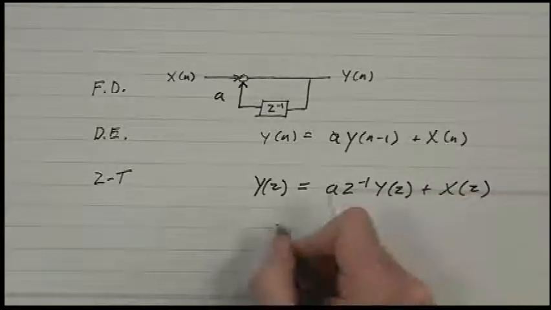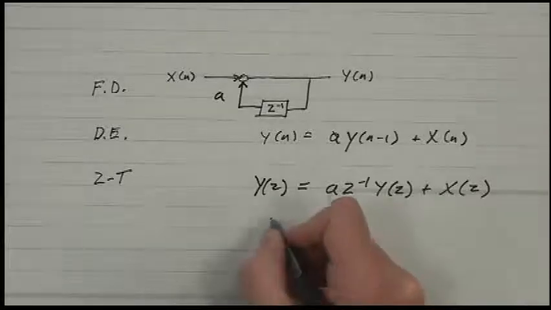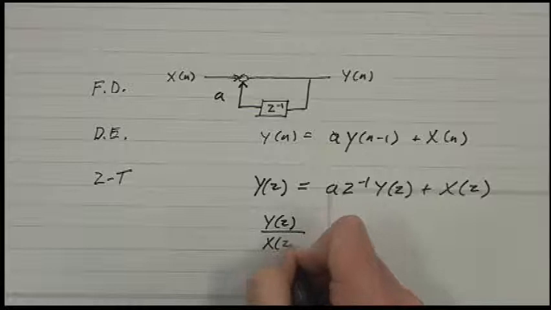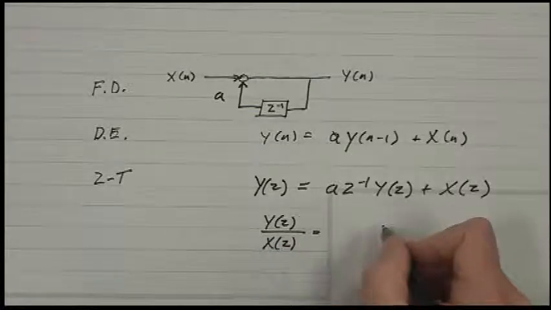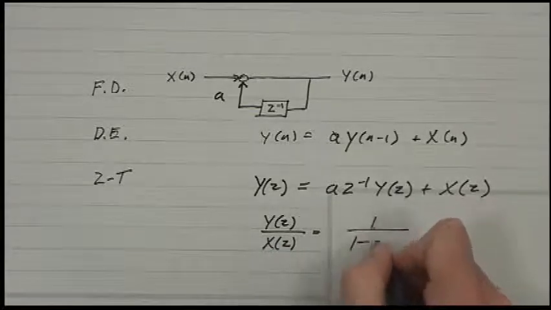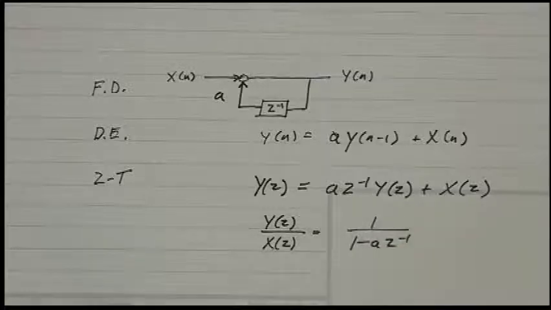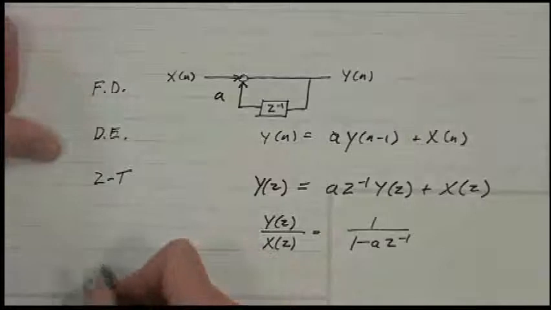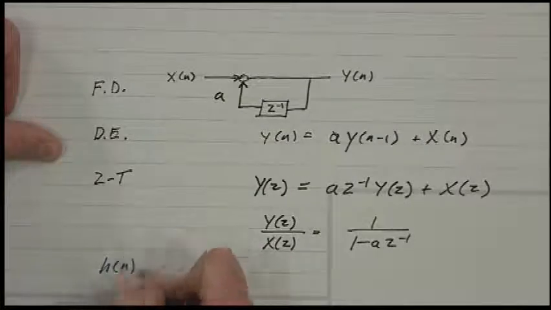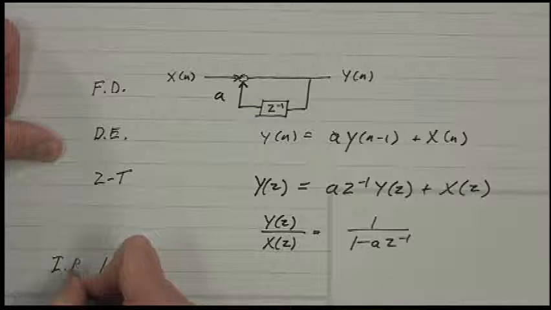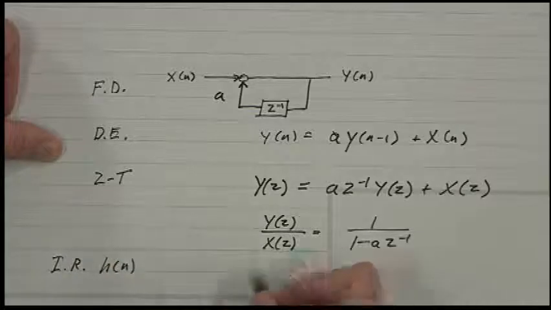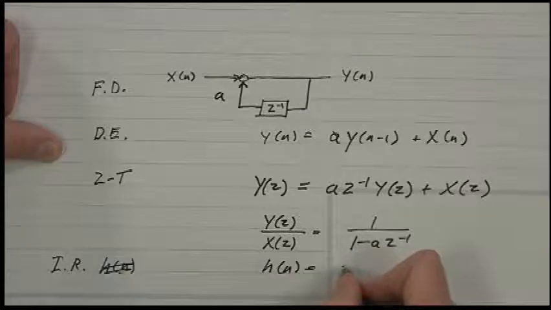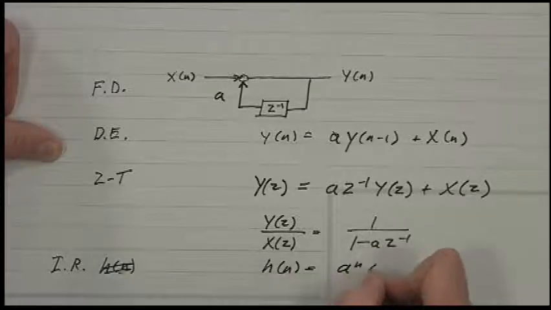So this whole thing becomes y of z over x of z equals 1 over 1 minus a z inverse. And the impulse response of this thing, h of n, is going to be just a to the n times u of n.